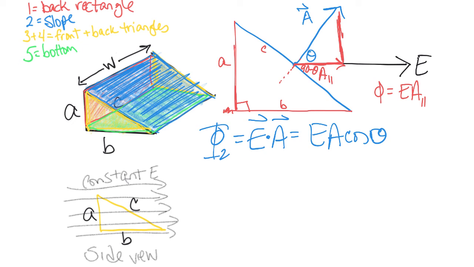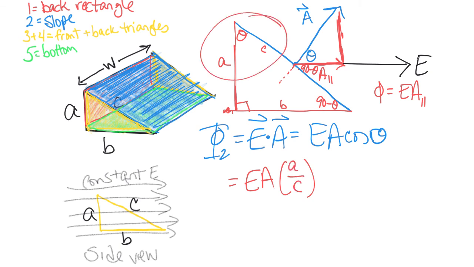So that's 90 minus theta, which means that this angle is theta. Woohoo! So EA cosine theta. What is cosine theta? Cosine theta is adjacent over hypotenuse, so it's A over C.